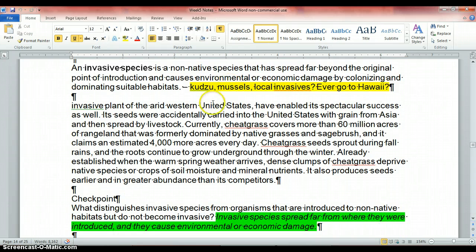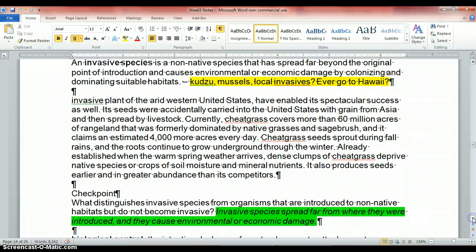Let's see. They're talking about an invasive plant in the western U.S. It's called cheatgrass, and it has taken over where the native grass used to be. And it says it shows up before the native grasses are able to repopulate, and this is able to outcompete.